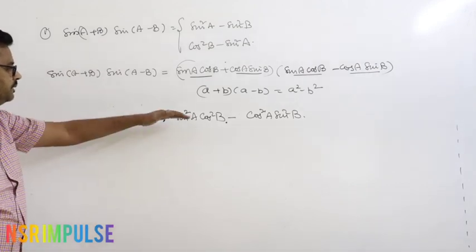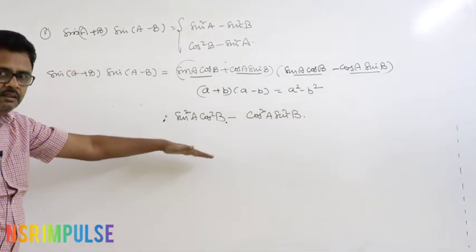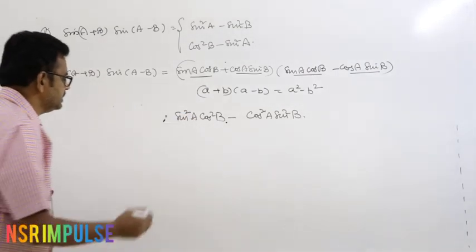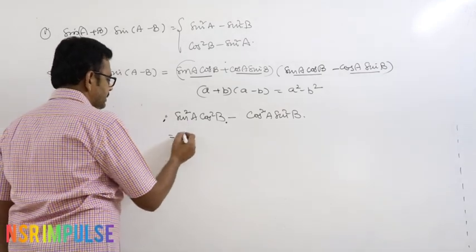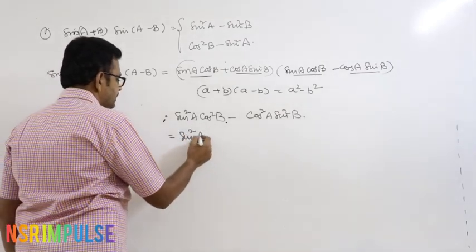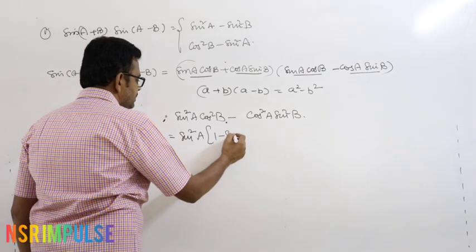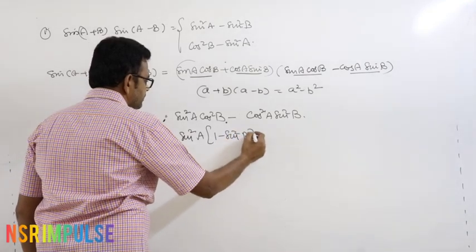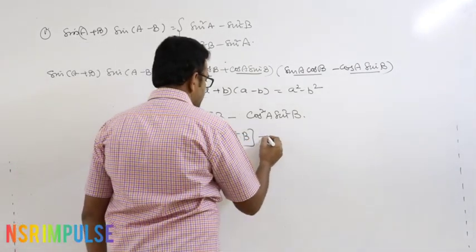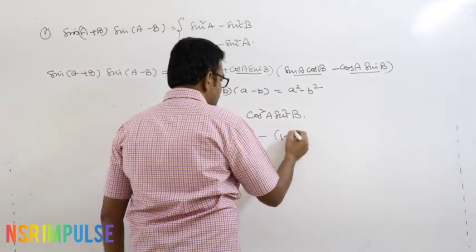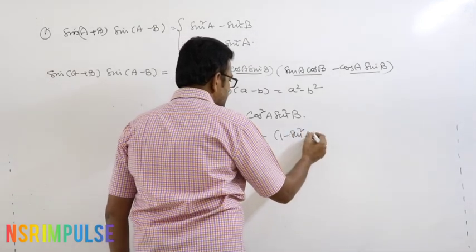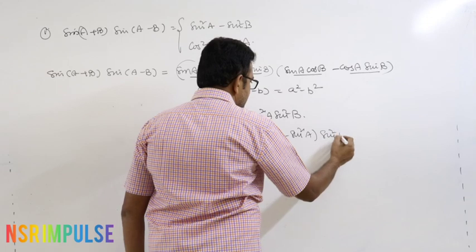So, convert the problem completely in terms of sin or in terms of cos. First, write in terms of sin: sin square a into 1 minus sin square b, minus 1 minus sin square a into sin square b.